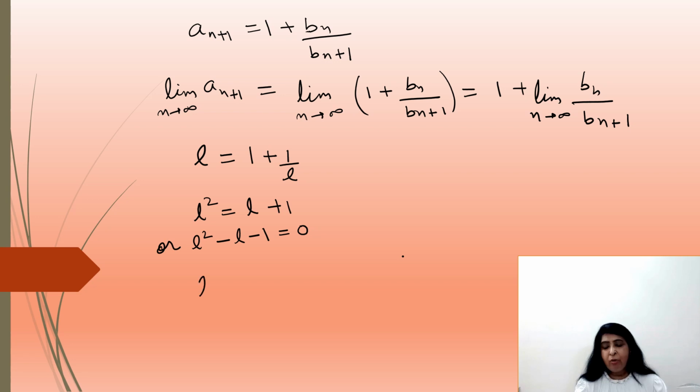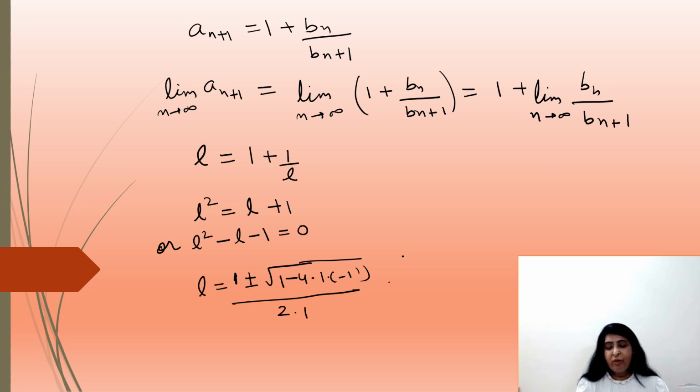So solve it out. You will get l is equal to minus b plus minus under root b square minus 4ac upon 2a. So what will you get? 1 plus minus root 5 divided by 2.